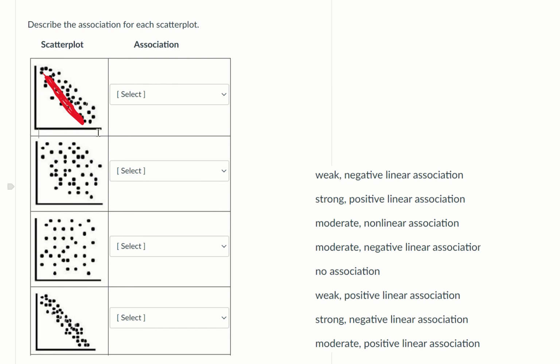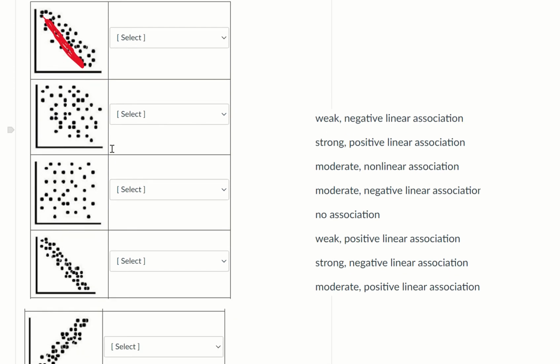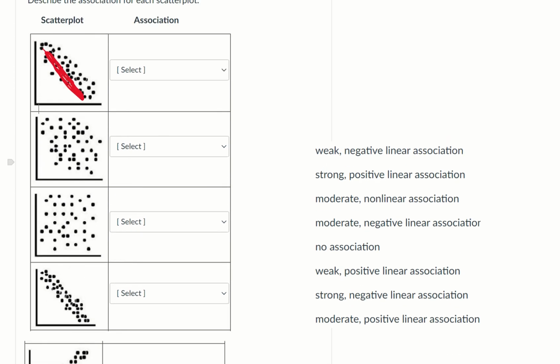It's definitely not weak, but it's definitely not incredibly strong either. The points are clustered pretty well, but some of these points are far away. And so we'll say that this is a moderate strength. This looks like a linear pattern for sure. So we're looking at a linear pattern, negative and moderate. So it looks like we'll match this up with that one.